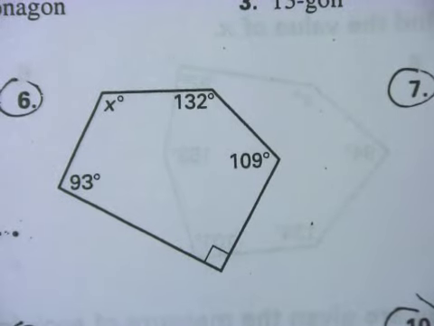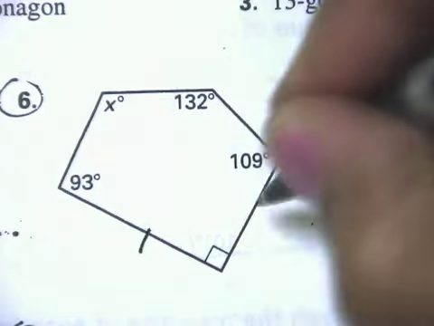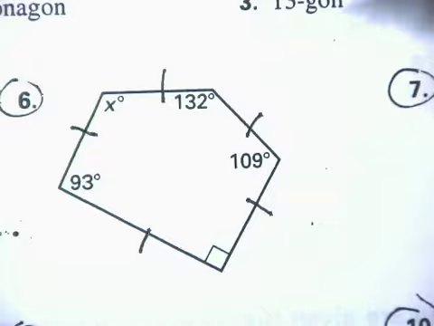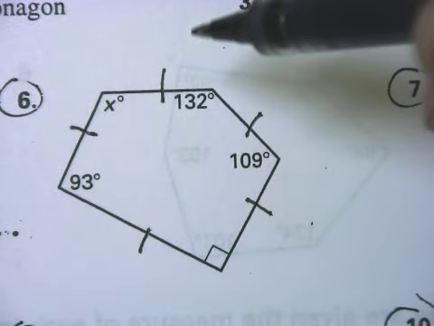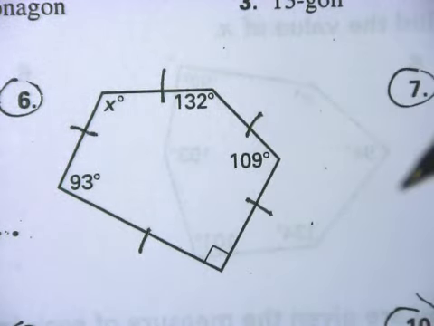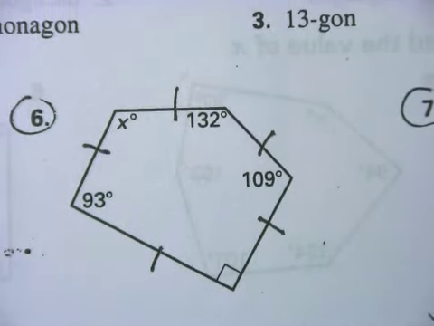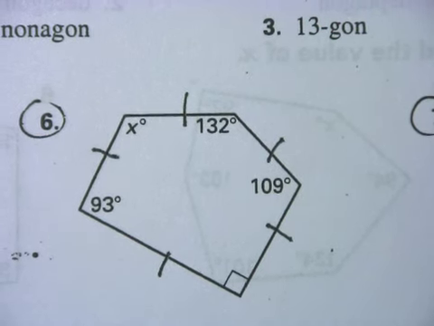Number 6, though, is a little bit different because number 6 has 5 sides. And a 5-sided polygon has 5 angles, and this would make this a pentagon, and a pentagon does not have 180 degrees. Well, how many degrees does a pentagon have?